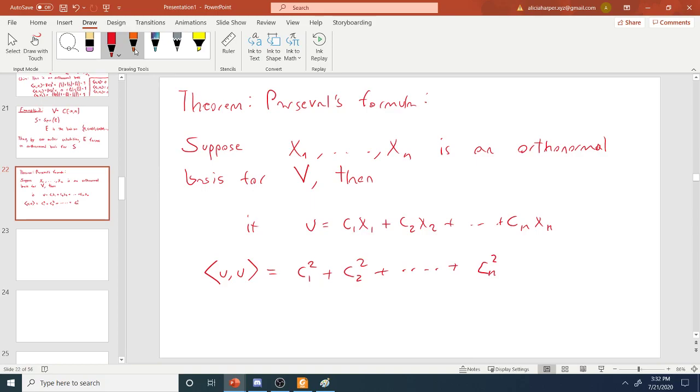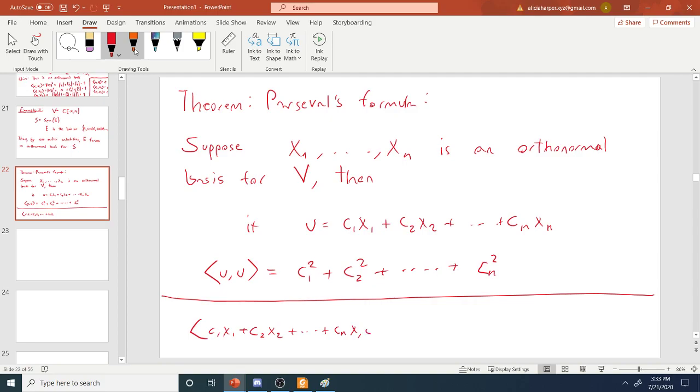So to see why this is true, the proof is fairly straightforward. What we do is we basically write down what we know our U is. So it's C1 x1 plus C2 x2 plus and so on, plus Cn xn, inner product with itself.